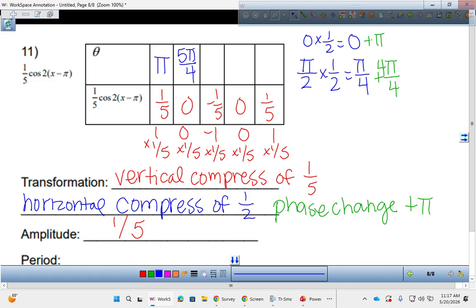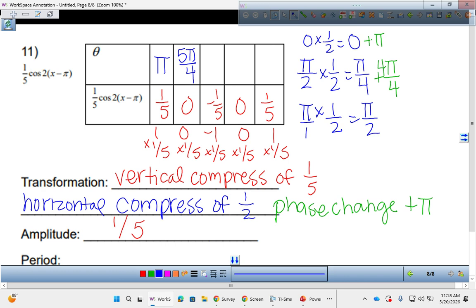The third value of the cosine table is pi. So I'm going to work with pi next, and I'm going to compress it by 1/2. It might help to make that a pi over 1, so you can do top times top, bottom times bottom when you multiply. So I get pi over 2. That's the compress.